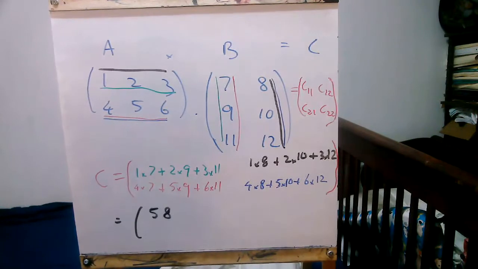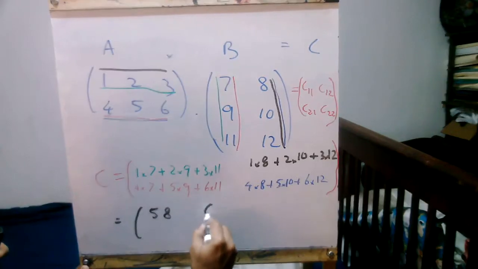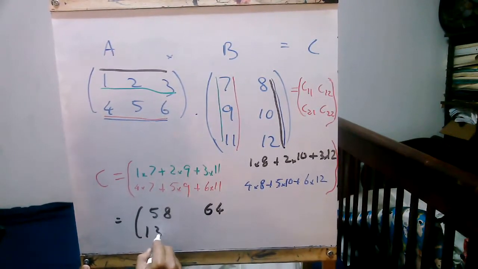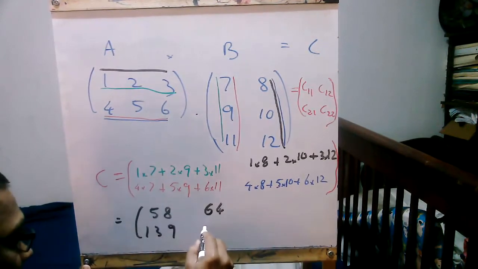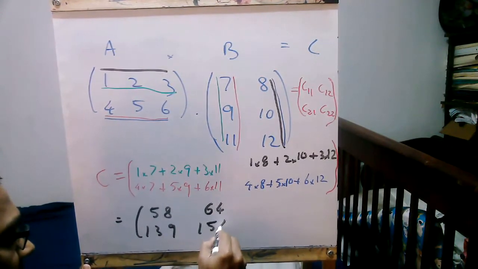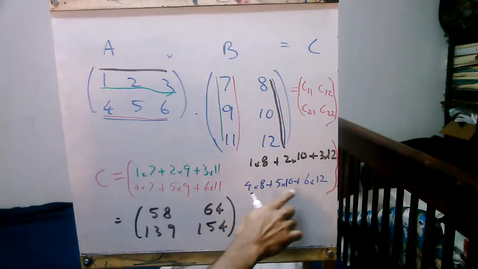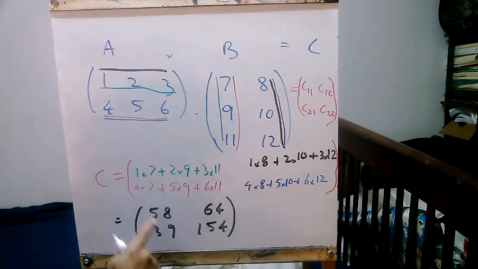And I'm gonna write these numbers. This should be 64, 139 and 154. Right. Do the math, multiply these and add them together, you get this number.